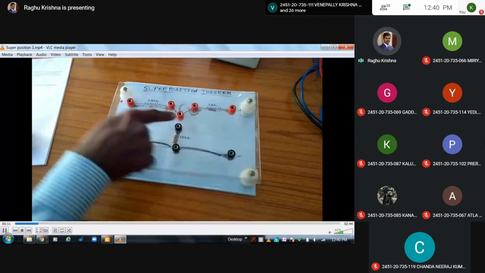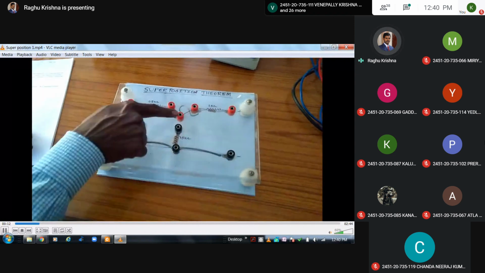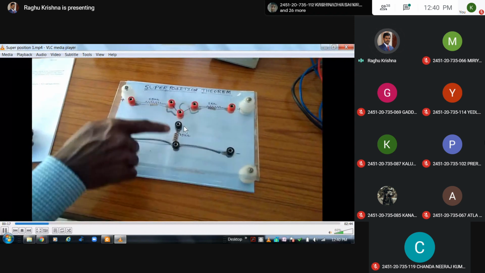So between these two terminals, you can connect an ammeter to measure the current flowing through the resistor R2.